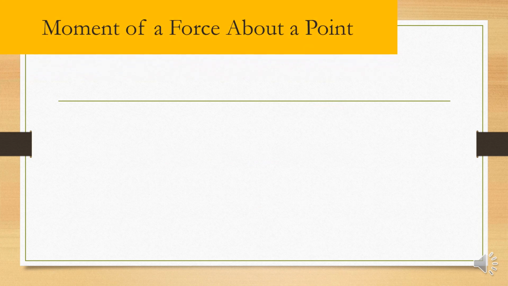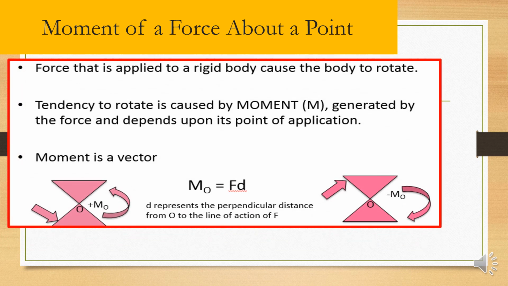So what is the moment of a force about a point? Basically, the moment is the result of a force that causes a body to rotate. The simplest example from your life is the steering wheel of a car.